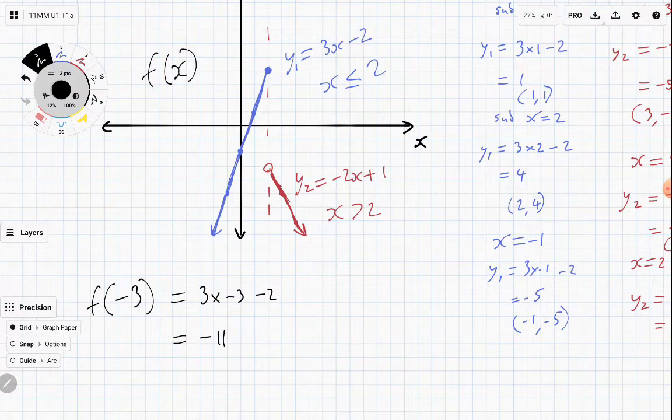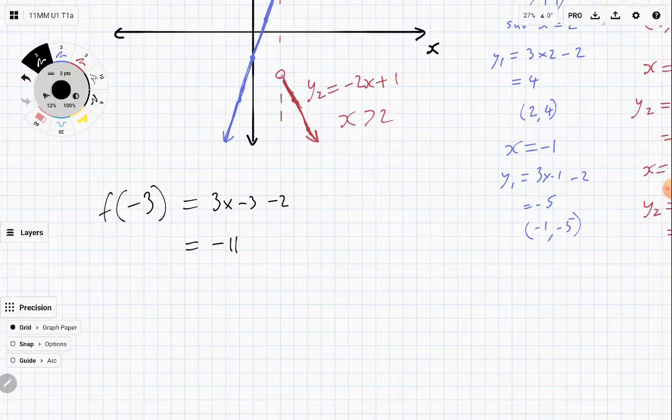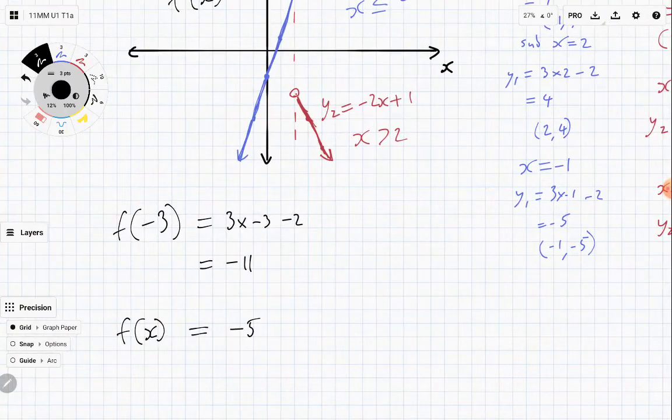The alternative question we could have asked is, when does f of x equal 5? Oh, let's do one slightly more interesting. Let's do when does it equal negative 5? Now, we actually already know the answer to this because we've done it previously over here, but we can have a look visually.